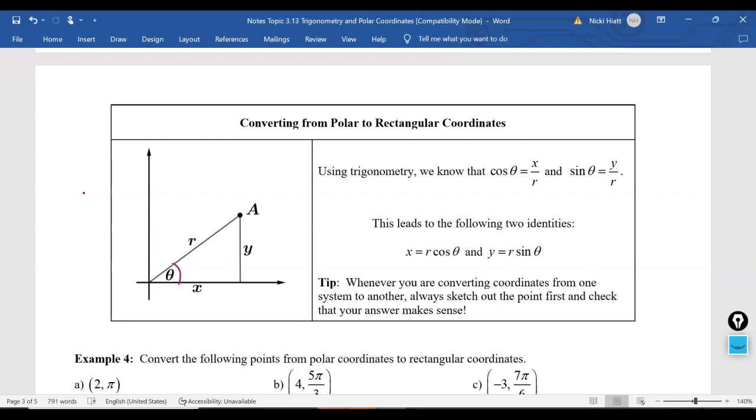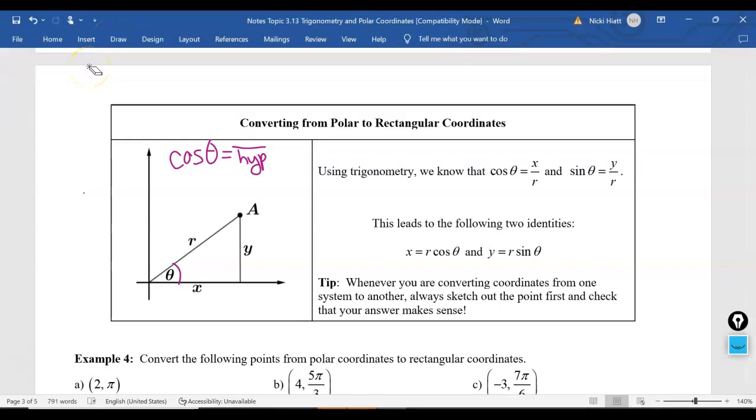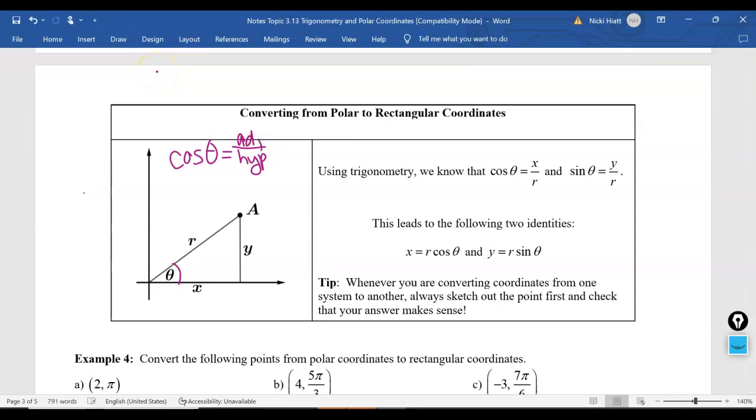If we did cosine, I'm going to write it over here, cosine of theta, that would be opposite over hypotenuse. No, it wouldn't. That'd be sine. Hold on. Cosine would be adjacent over hypotenuse. And for an angle in standard position, that would be x over r.